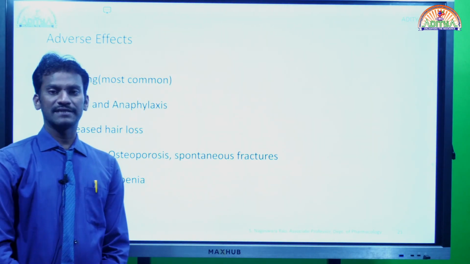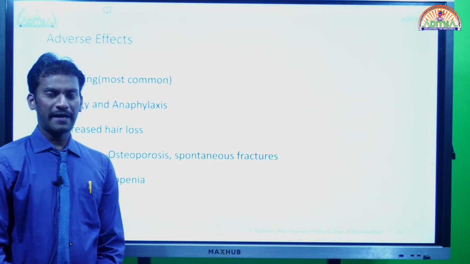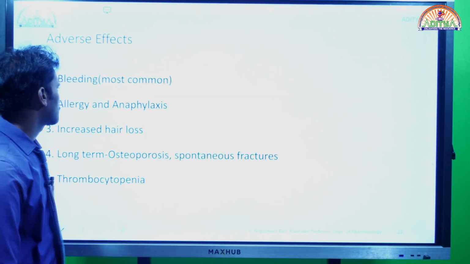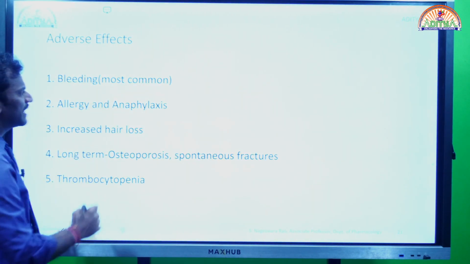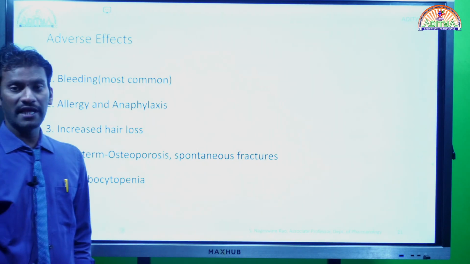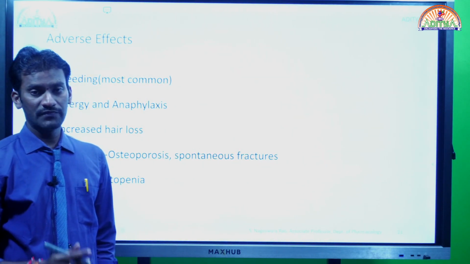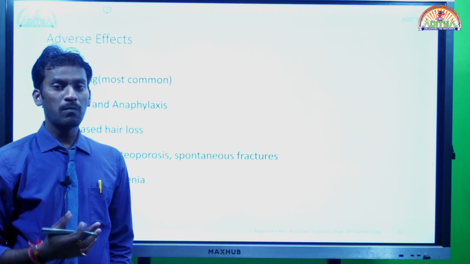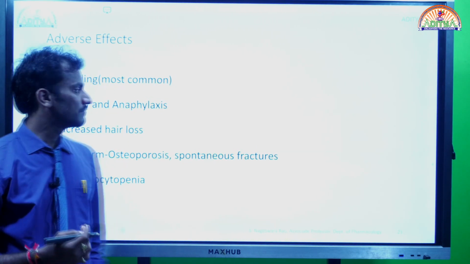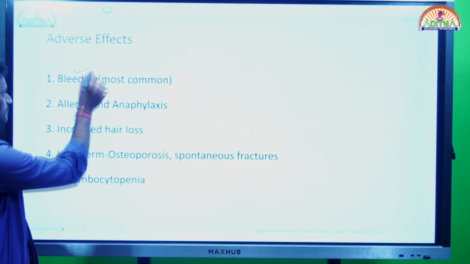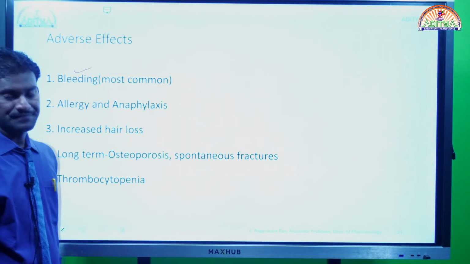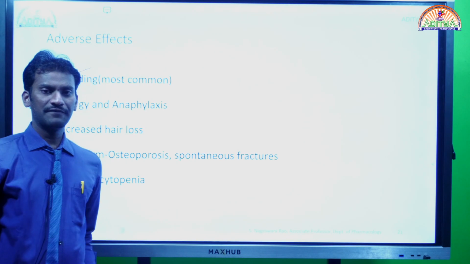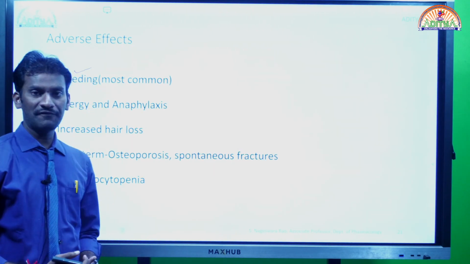Next, coming to the side effects of heparin, adverse effects. The main problem with heparin is bleeding, hemorrhage. If the dose of the drug is increased, it may lead to prolonged bleeding. Next type of side effect is allergy and anaphylaxis.